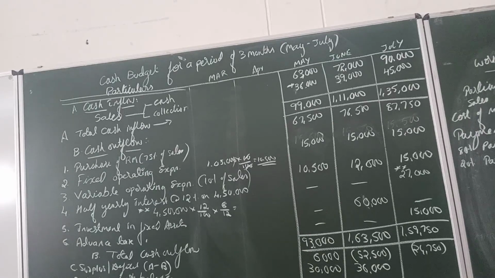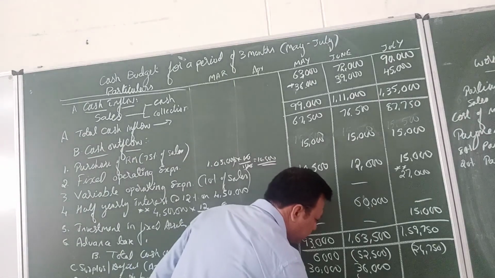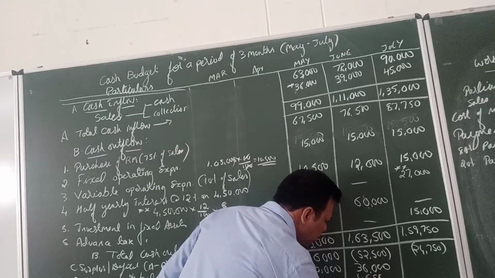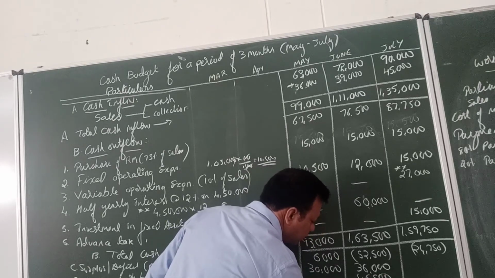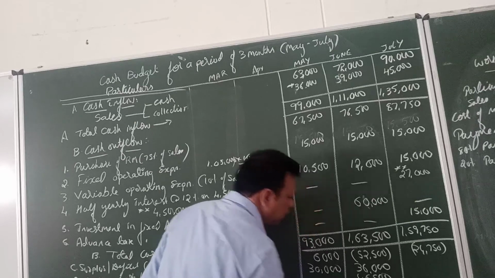16,500 is the negative we have. Plus we have to maintain a minimum cash balance of 30,000. So for that again we have to borrow some amount. We have to borrow 6,500 plus 30,000. So how much do we have to borrow? 46,500. We have to borrow 46,500. There is no question of repay. The minimum balance we get is 30,000.